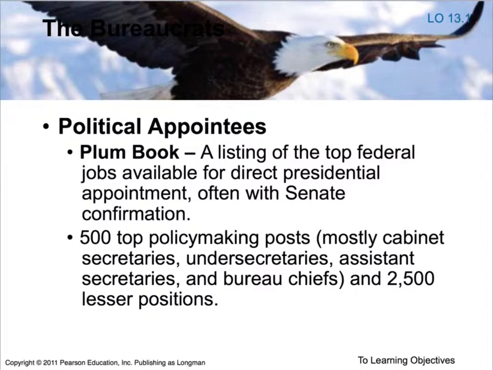The 500 top policy-making posts, which are mostly cabinet secretaries, undersecretaries, and assistant secretaries, and bureau chiefs, and the 2,500 lesser positions. All of these policy-making posts require senatorial confirmation.